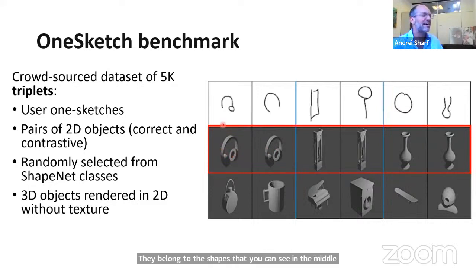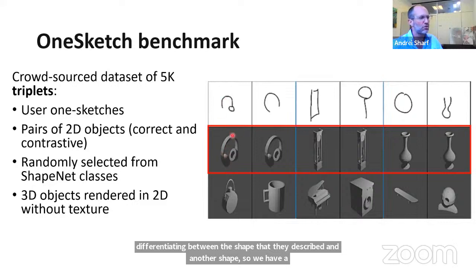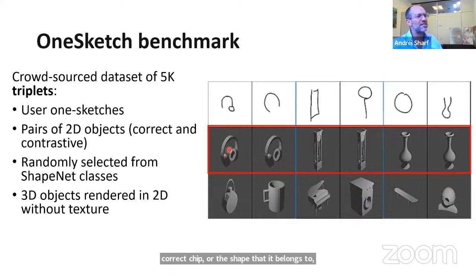The idea is that these sketches are not only describing a shape, because then we would miss the abstraction, but they should be minimal, in that they should sufficiently differentiate between the shape that they describe and another shape. So we have a correct shape, the shape that it belongs to, and a contrastive shape.